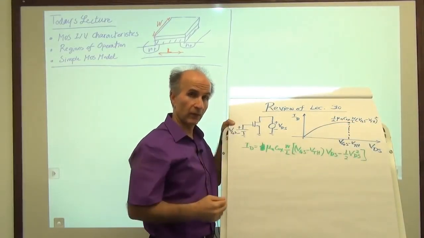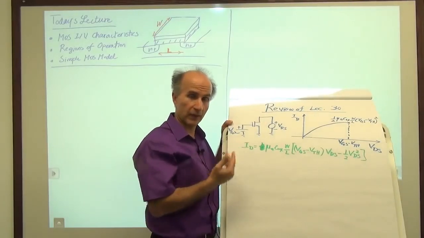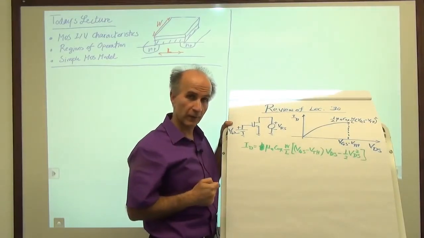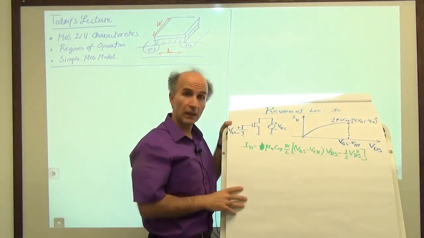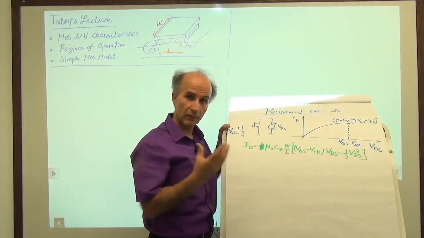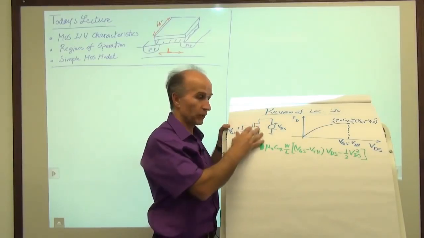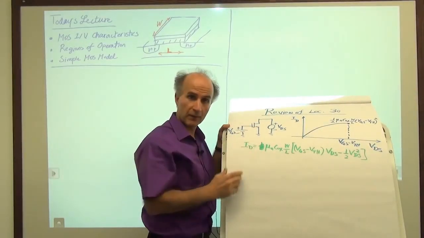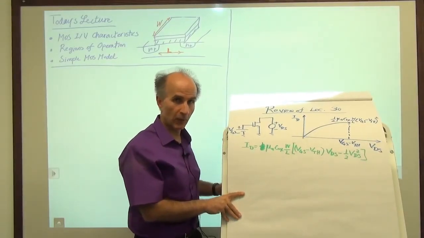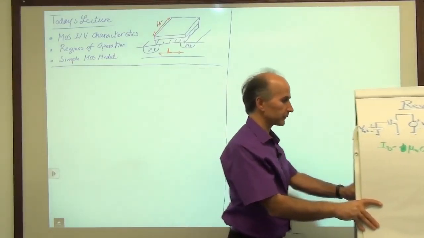We don't want the current to go down. That's not a good device, at least not for what we are concerned with. So we'll have to see what happens there. And then eventually, we would like to have a relatively simple model for the transistor that we can use. This is an indication of a model, but maybe even something simpler than this. So we'll have to see how that goes.